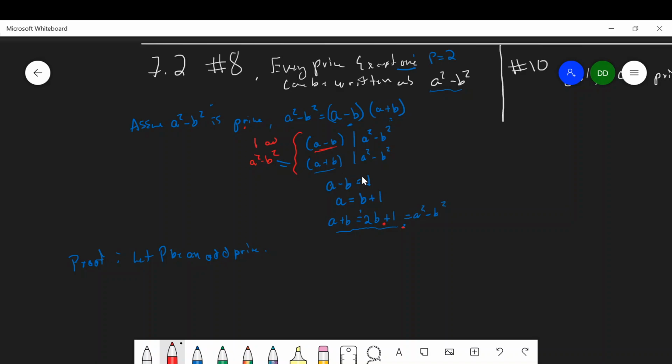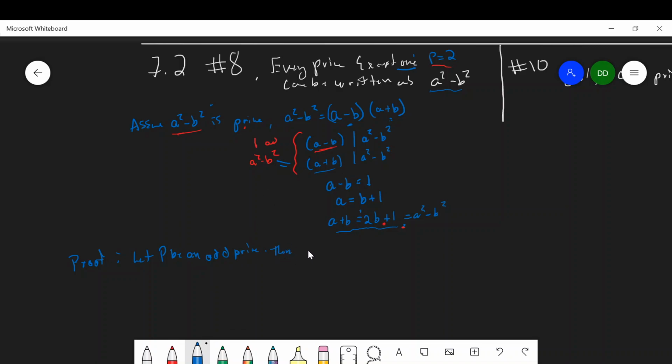So that doesn't tell me that every odd prime can be written like this. It just tells me that if an odd prime is written like this, then it must be odd. And so hence we get rid of the case when p is 2. So let p be an odd prime, so that's p is greater than or equal to 2.